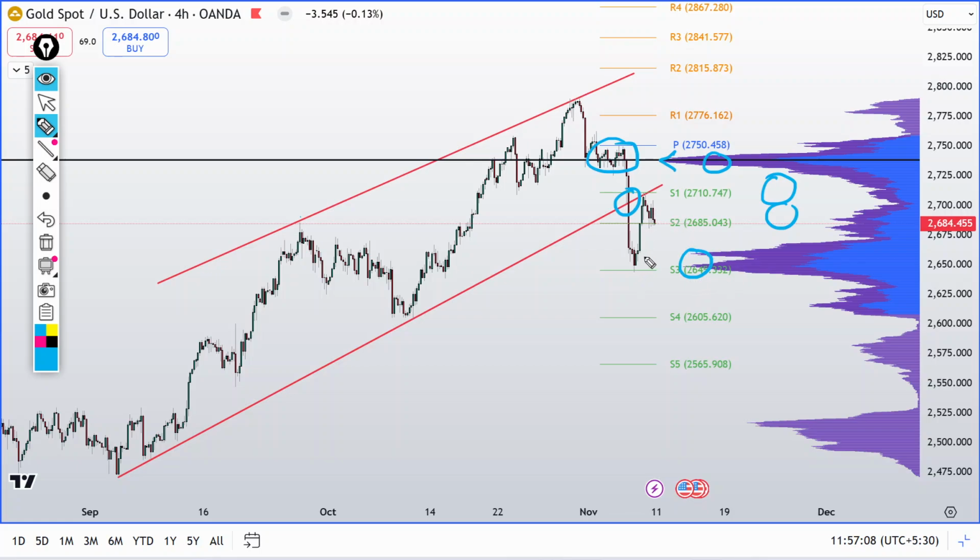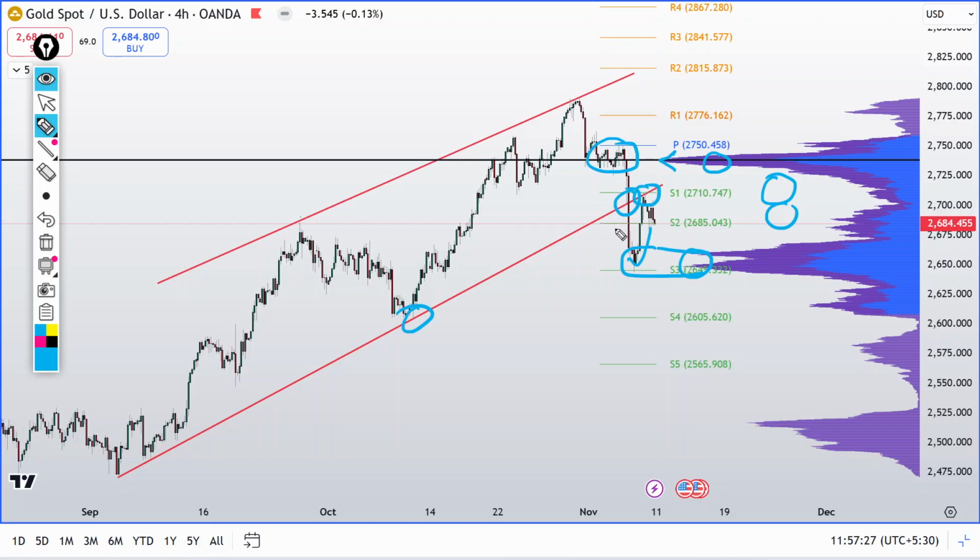So this is the major support on the lower side on the 4-hour time frame. Also, after taking support at this level, we saw a correction to the higher side, and the gold price again retested this trend line.